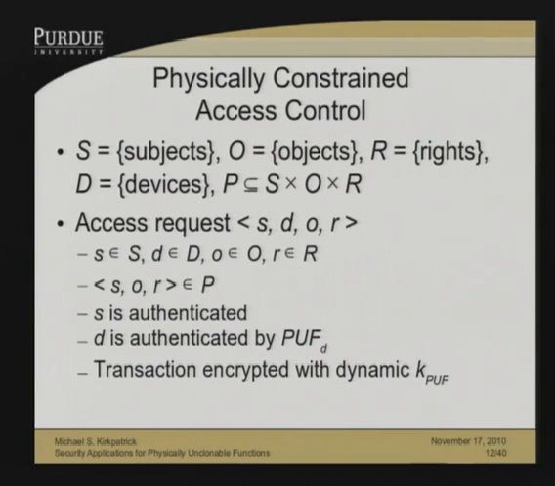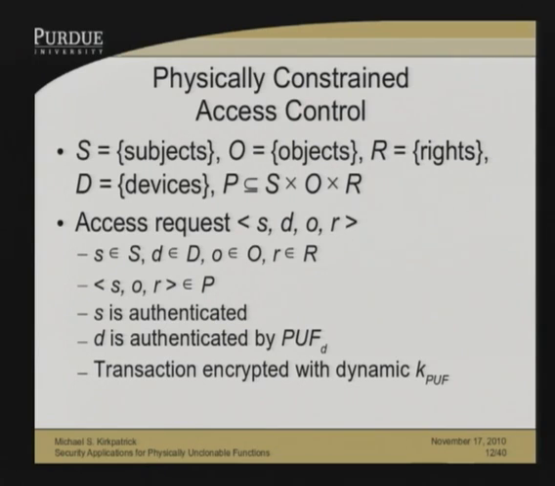So we have a general access control model, which is fairly typical. We have subjects, objects, and then we have rights, and then permissions would be a subset of the cross product of those sets. And then we have this additional constraint that we only want to grant access to known trusted devices.